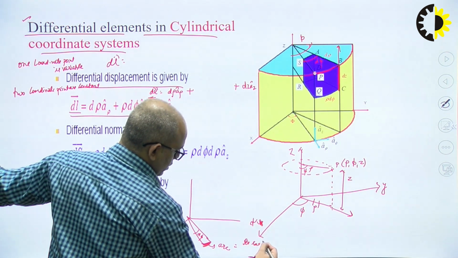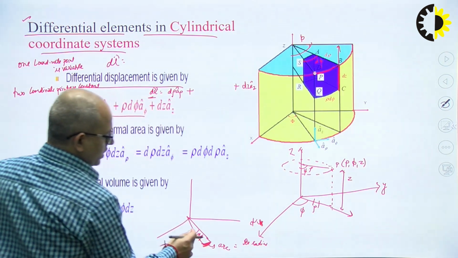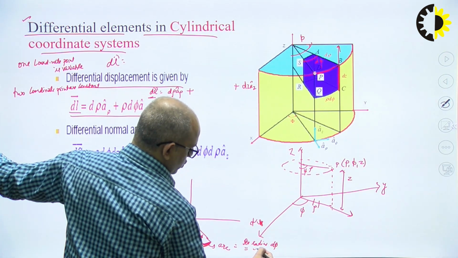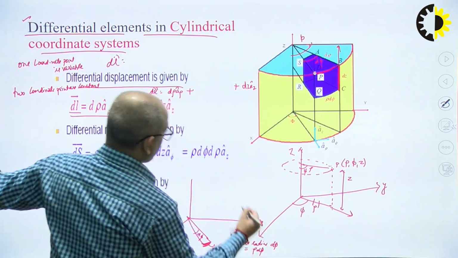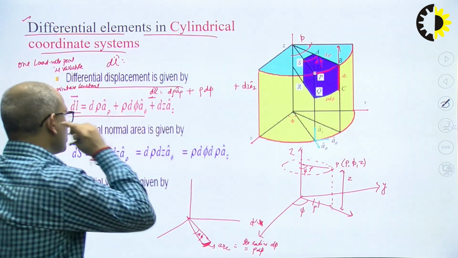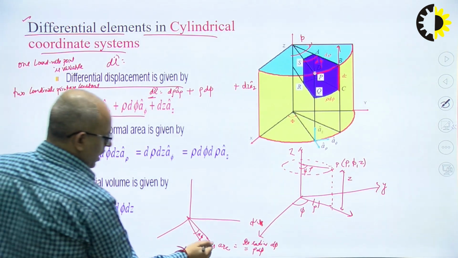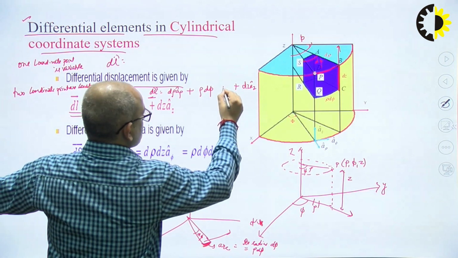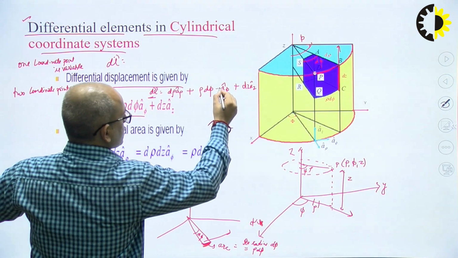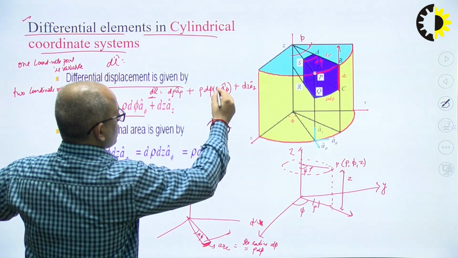Radius multiply theta, and this theta is equal to d phi, and this radius is equal to rho. So this one is rho into d phi, and the direction of this arc will be in this direction, that is in this a cap phi. Whether it will be in this direction, you can say plus or minus a cap phi, or this one.